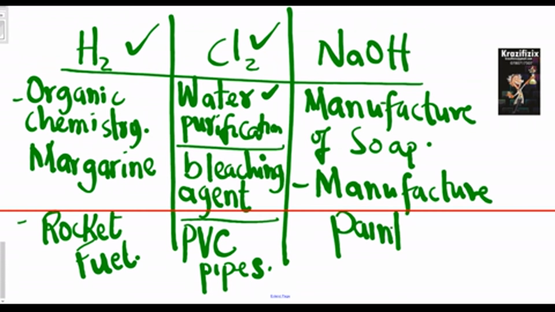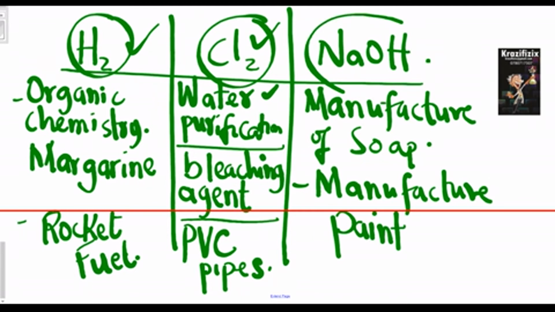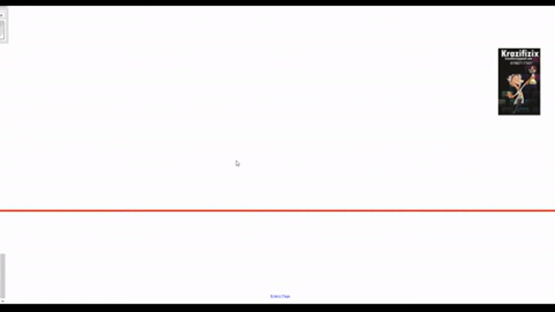So you look at this: these three products, two elements and one compound, hydrogen, chlorine gas, and sodium hydroxide, are all very useful. Hydrogen, margarine; chlorine, water purification, bleaching agent, PVC pipe; and sodium hydroxide, manufacture of soap and paint. Very important things. On the other hand, they've got their negative impact as well.